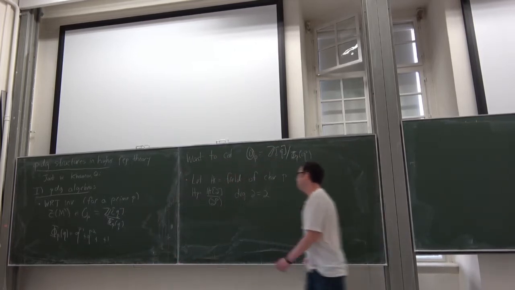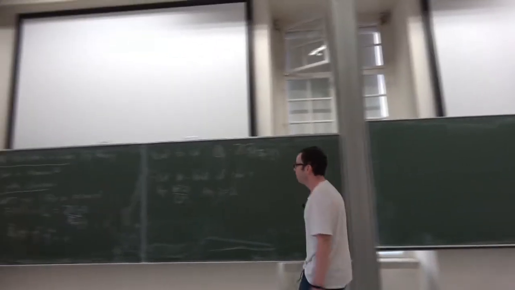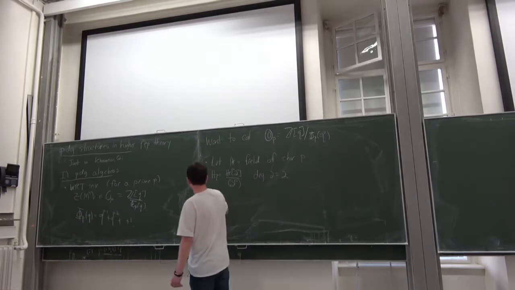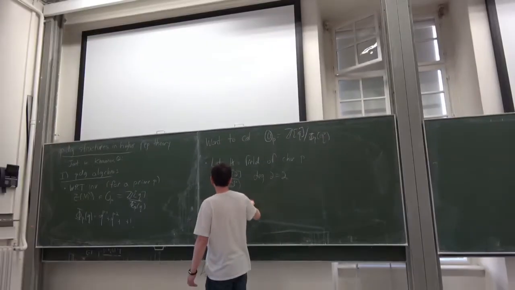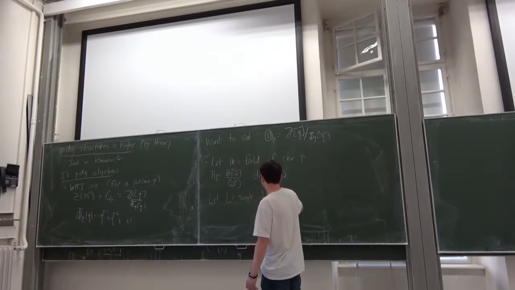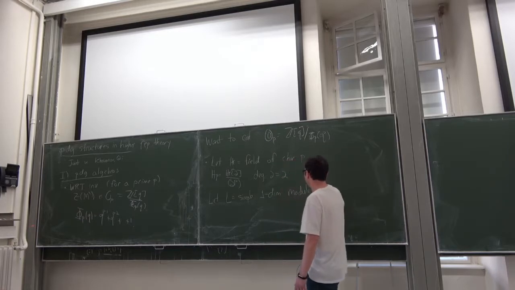Okay, and so this is a local algebra, and there's a unique simple module up to isomorphism. And I want to fix this simple module. So we let L equal the simple one-dimensional module concentrated in degree 0.